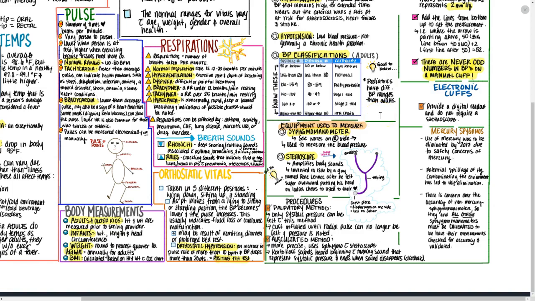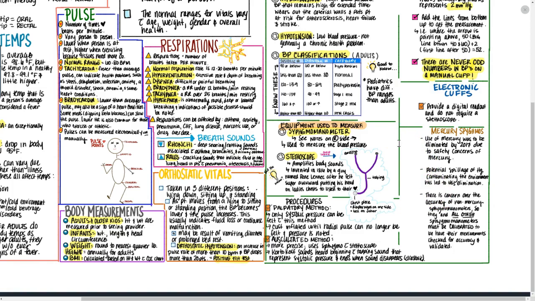Also, one little side note, pediatrics have different blood pressure ranges than adults do, so you cannot necessarily use the classifications on this chart for a peds patient, depending on their age. When they get a little bit older, they get closer to these ranges, but when they're littles, these don't work.